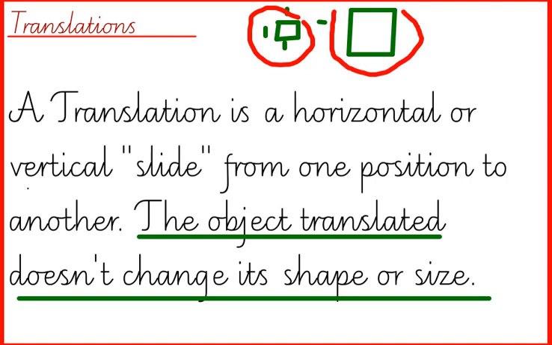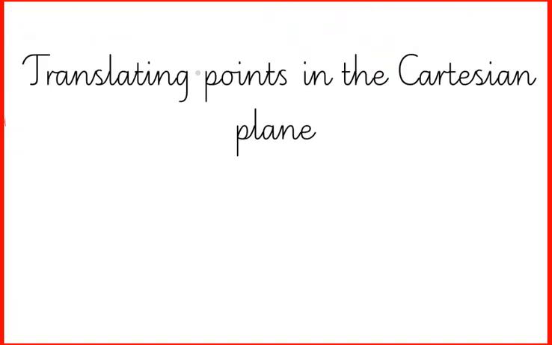The shapes are the same but the sizes are different. So in order for us to say a point, shape or graph has been translated, it still needs to have the same shape and the same size. Let's have a look at a quick example.